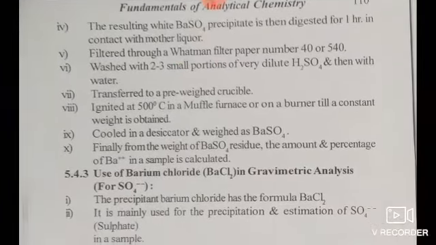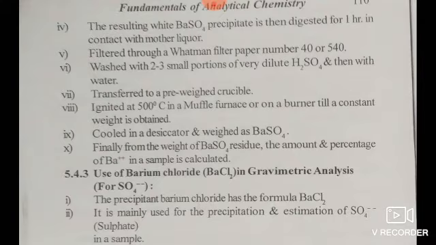The resulting BaSO4 precipitate is digested for 1 hour in contact with the mother liquor, then filtered through Whatman filter paper number 40 or 540, and washed with 2-3 small portions of very dilute H2SO4 and then with water.